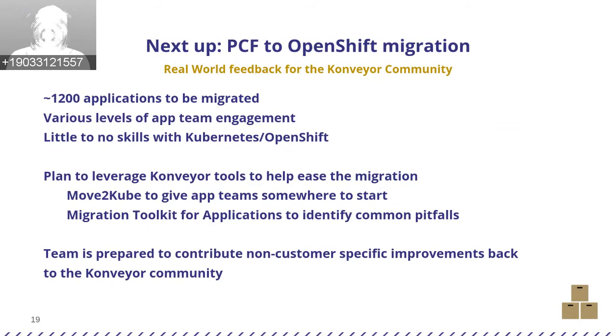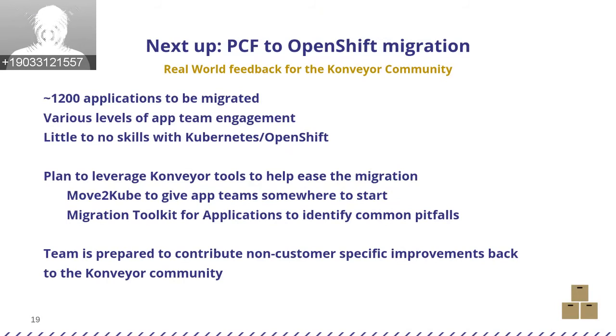We already have some teams that were looking to make the migration prior to the announcement of the effort, and we want to take advantage of those teams and their experiences to help further refine the tool set.